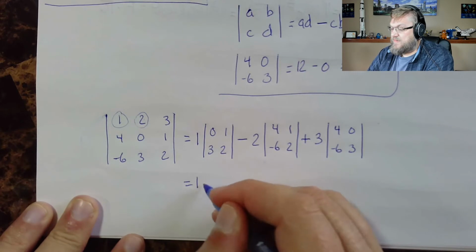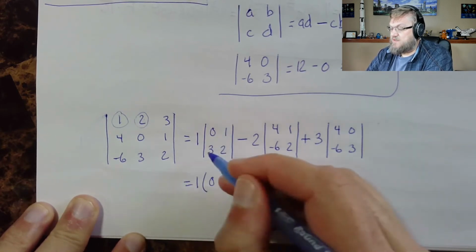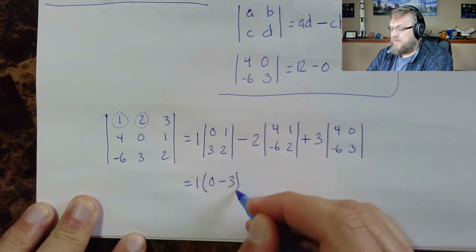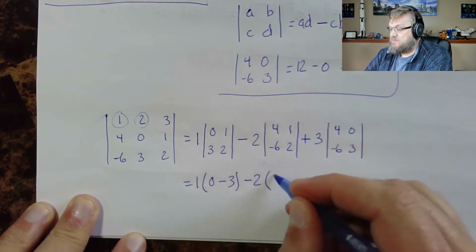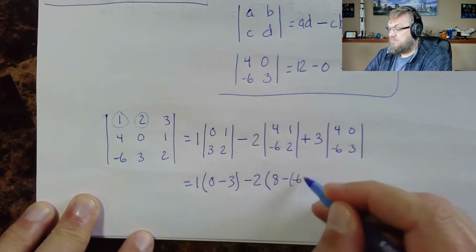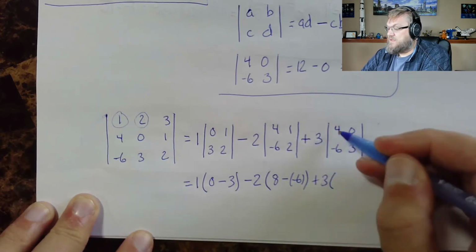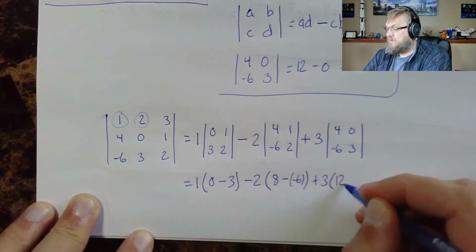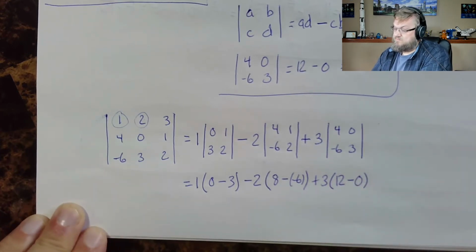So I get 1 times, 0 times 2 minus 3 times 1. Minus 2 times, 4 times 2 minus a negative 6. Plus 3 times, 4 times 3 is 12, minus 0 times negative 6, which is 0.